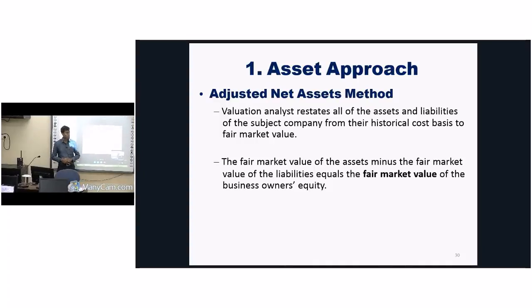So if you take an example, on the historical basis, we go to the balance sheet, take the total assets and the total liabilities, and get the net asset value from a historical perspective.